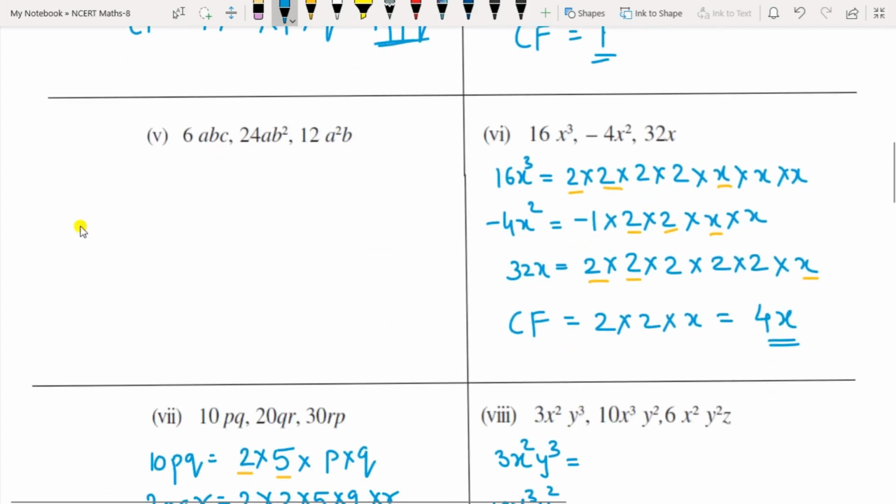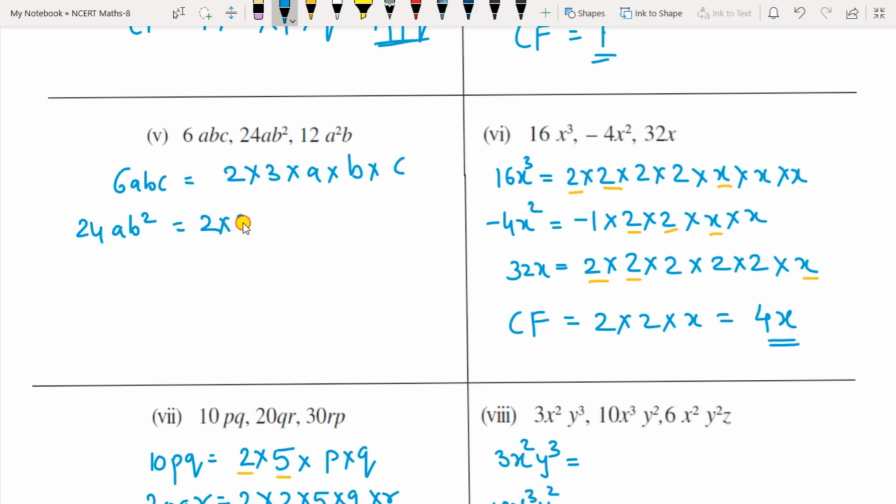Now in this question, 6abc. It is 2 threes are 6, into a into b into c. Then 24ab square: 6 fours are 24, so 2 threes are 6 and 4 is again 2 into 2, into a into b. The third one is 12a square b. 12 is 2 into 2 into 3, into a into b.